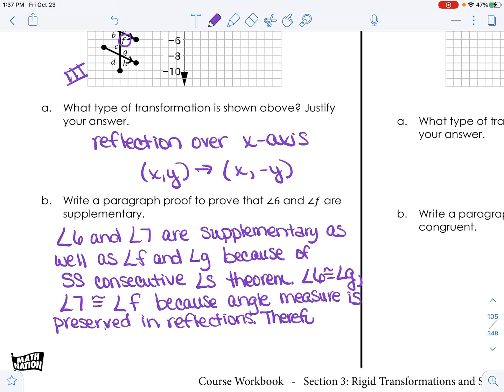Therefore, angle 6 and angle F are supplementary by substitution.